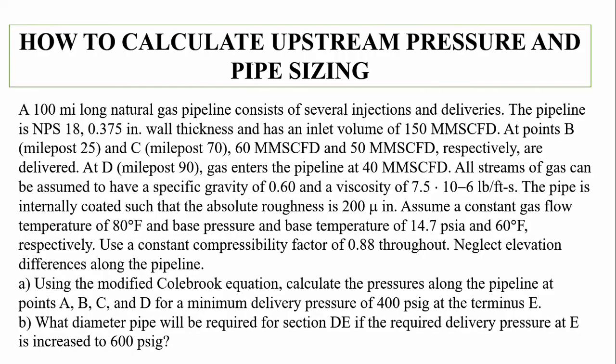Now you see that at B, which is milepost 25, there is a delivery, and C, which is milepost 70, has a delivery flow rate of 60 million standard cubic feet a day and 50 million standard cubic feet a day respectively.